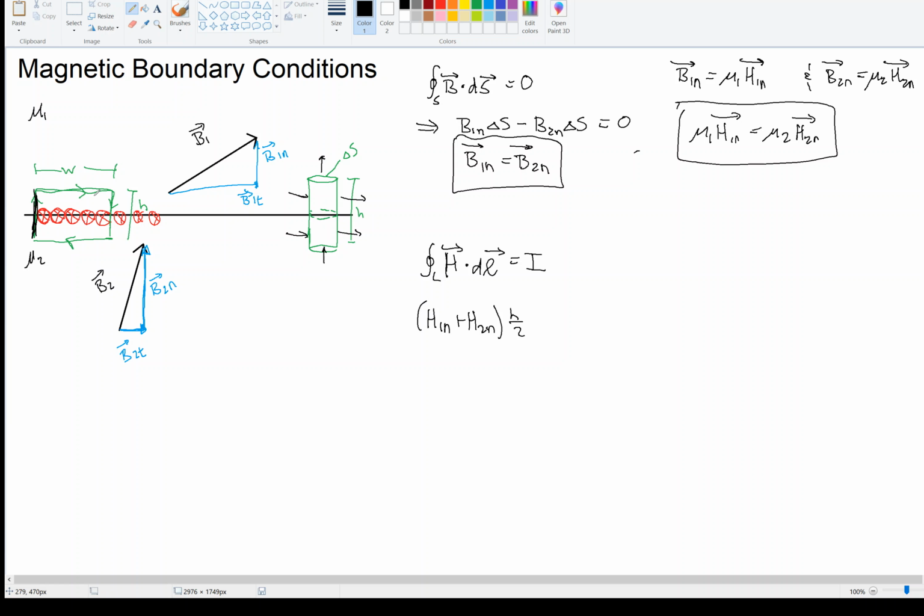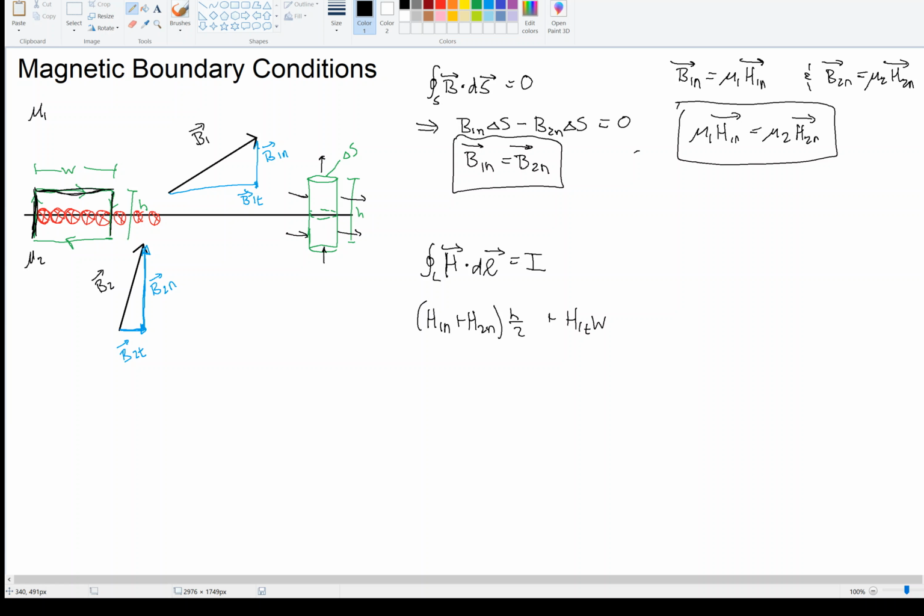Now we go to the right, and so I have the parallel component, because of the dot product. The parallel component is now H1t. H1t times w is the length. So I add to that H1t times w.